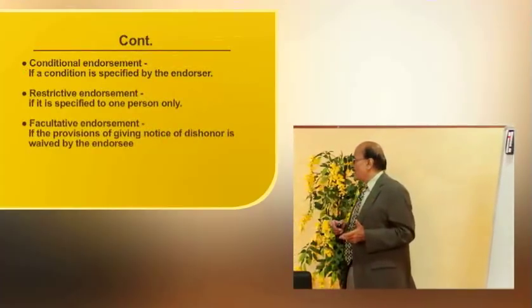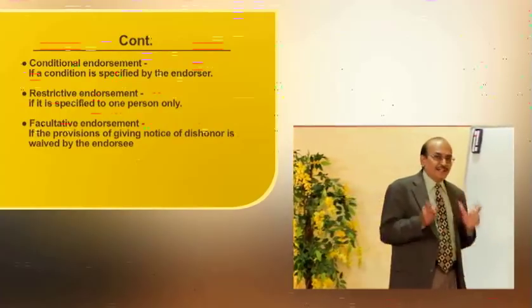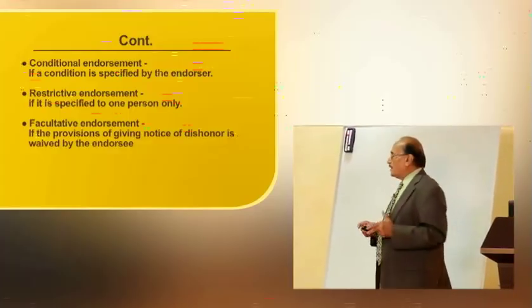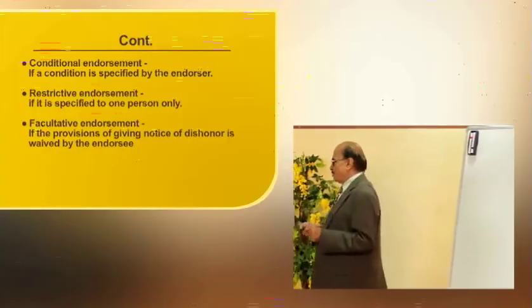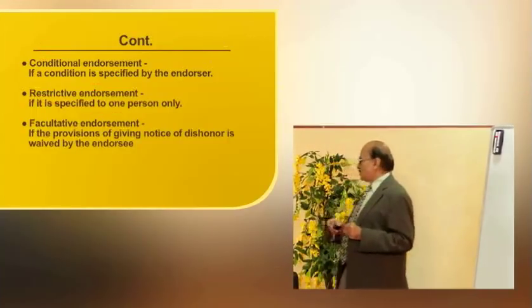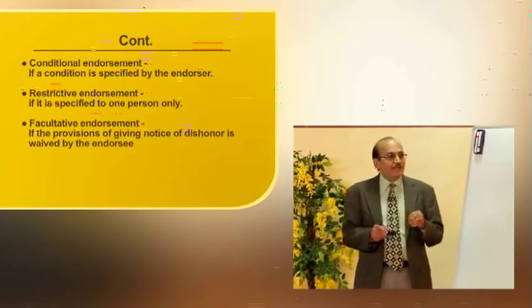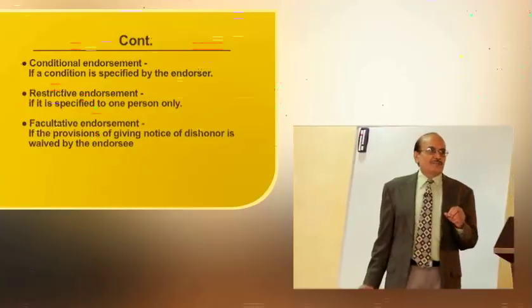Conditional endorsement: if a condition is specified by the endorser, it is called a conditional endorsement. Restrictive endorsement means it is specified to one person only. Facultative endorsement: if the provision of giving notice of dishonor is waived, it is called a facultative endorsement.